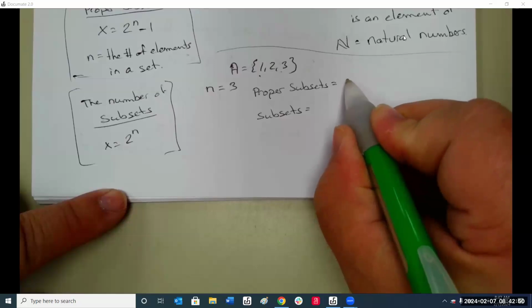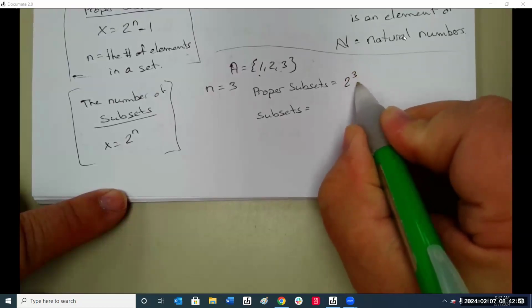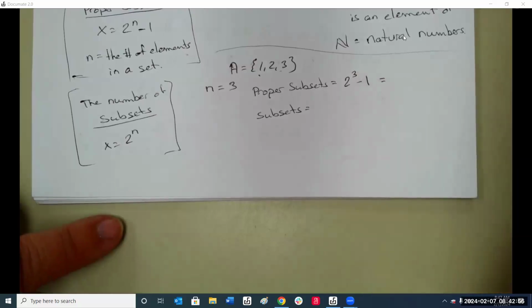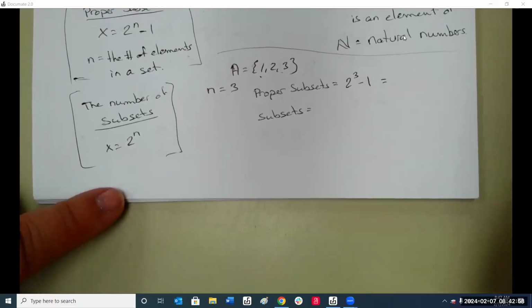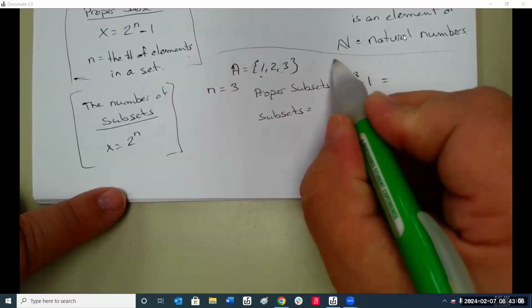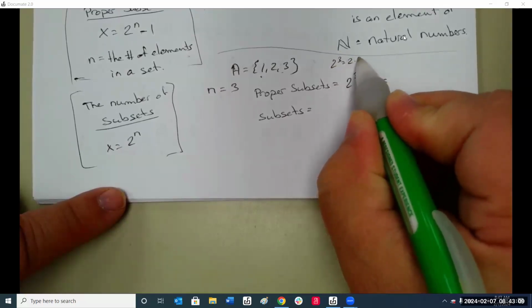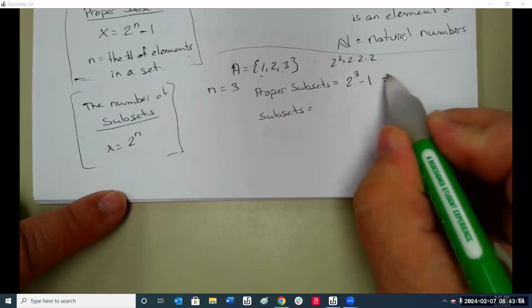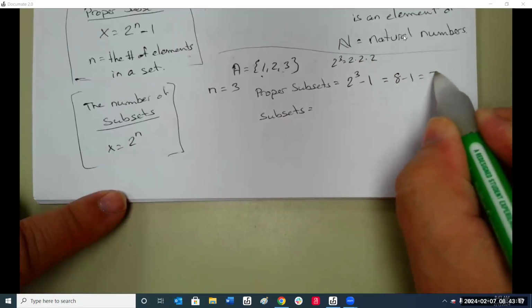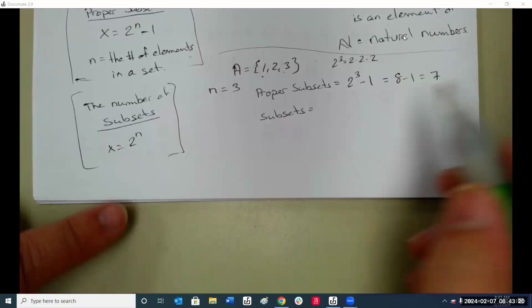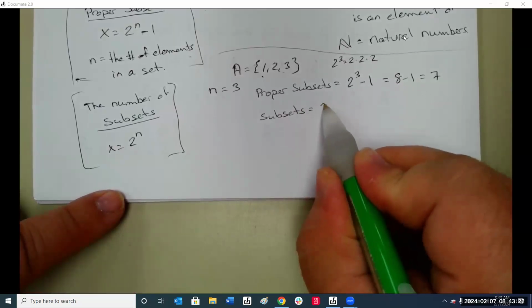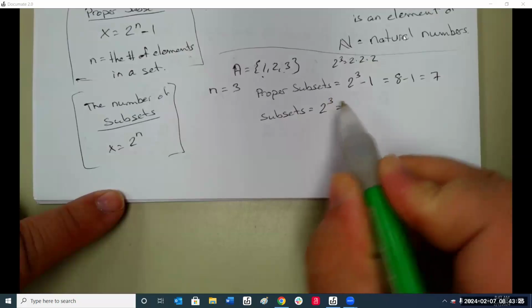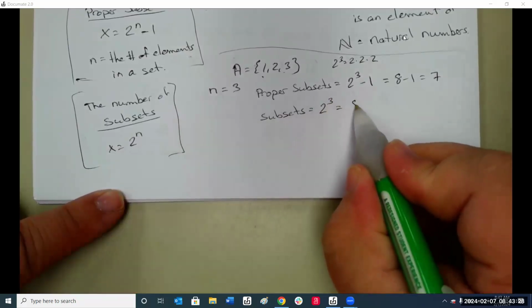So proper subsets is 2 to the power 3 minus 1. What is 2 to the power 3? Yeah. 2 to the power 3 means 2 times 2 times 2. So it's 2 times 2 is 4, times 2 is 8, minus 1 is 7. And the number of subsets is simply 2 to the power 3, which is 8.